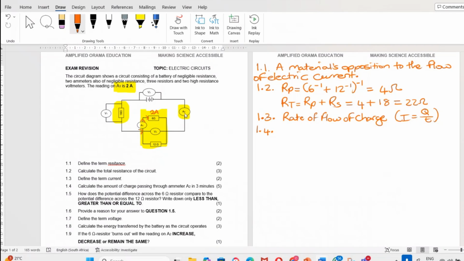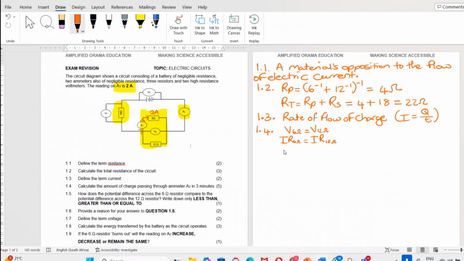For us to find A2, the current flowing through A2, we must find the current that is flowing through the 12 ohm resistor. To do that, we know that the voltage over the 6 ohms is equal to the voltage over the 12 ohms because those two are connected in parallel. And so IR for the 6 ohms is equal to IR for the 12 ohms.